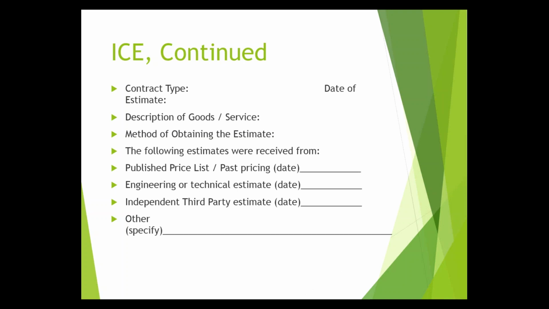We can also email them to you upon request. I know there may be some folks on the line today who don't have access to Black Cat. Please get in touch with someone here at ODOT and they can email you any of the documentation or forms that you need.